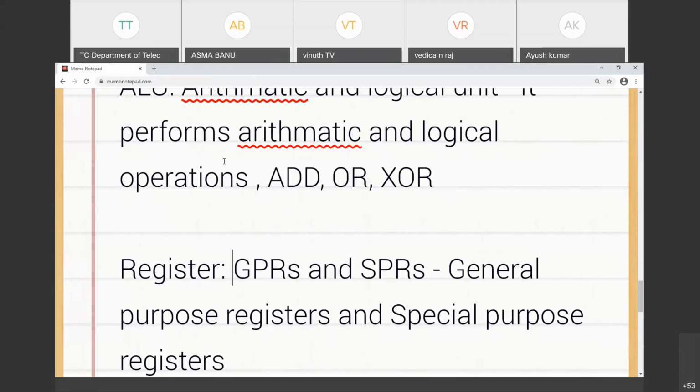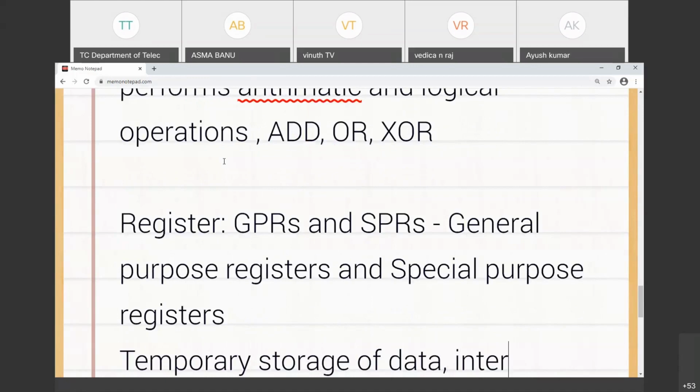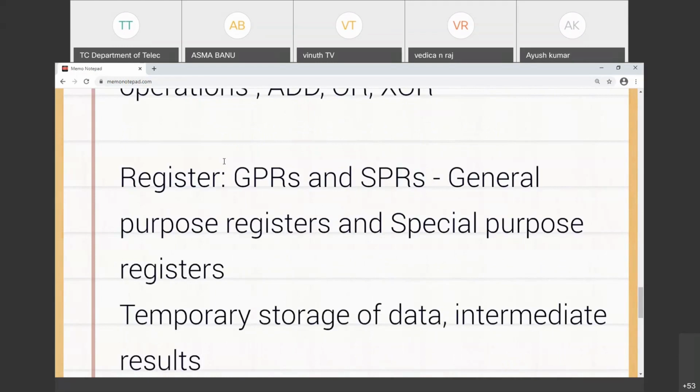What do they do? They are used for temporary storage of data and intermediate results. Is temporary storage of data the only thing? No, not only that. They can also store intermediate results. The general purpose registers and special purpose registers do some operation.